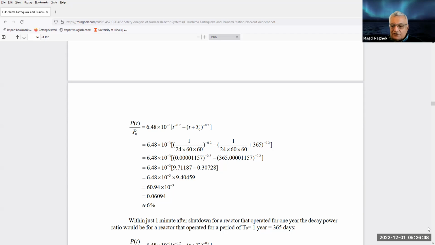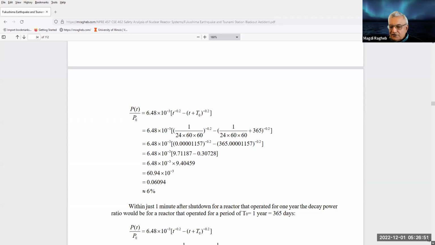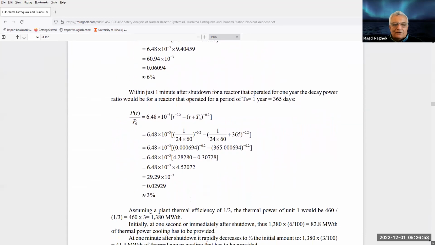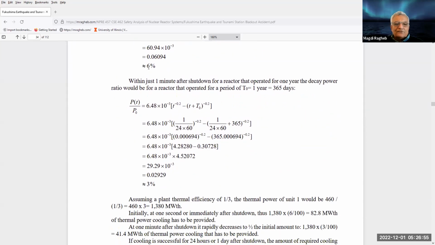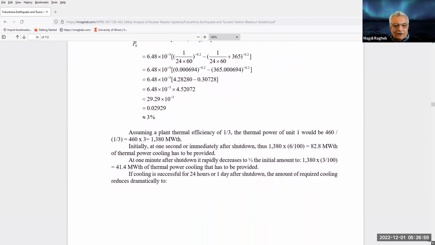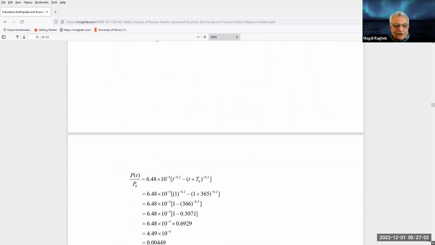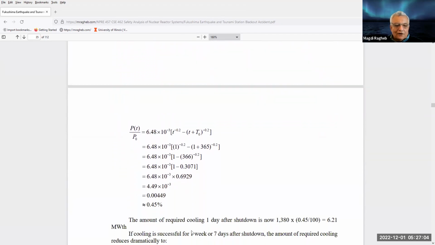Notice how the decay heat decreases very rapidly. If you recalculate the values 1 minute after shutdown, that 6% is now halved to 3%, and within a longer period of time, I think I'm using here 1 day, it's only 0.45% of the fission power.